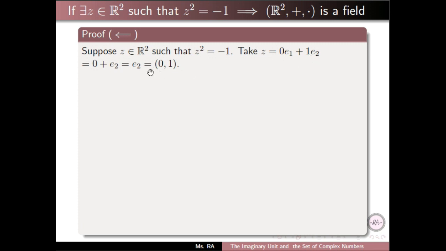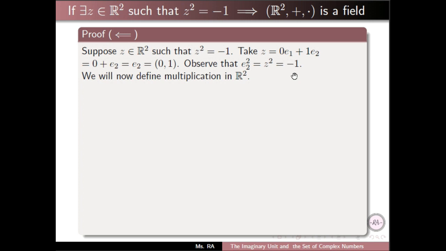So z is just the same as e sub 2, which is one of the standard basis vectors for R2. So if we take the square of e sub 2, which is just the same as the square of z, it will give us minus 1.